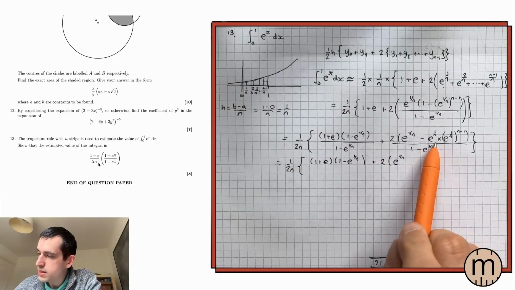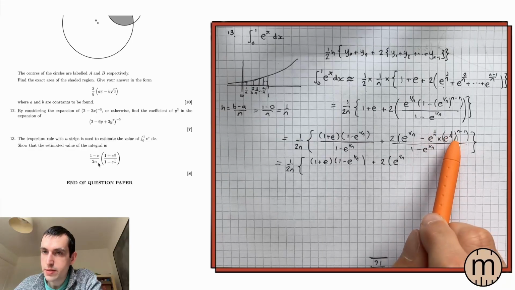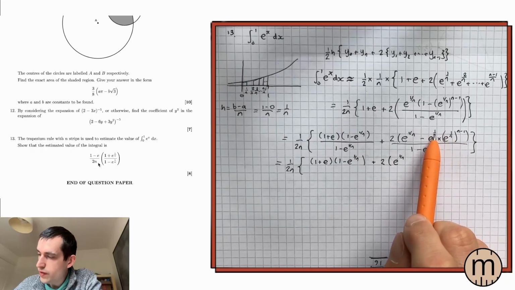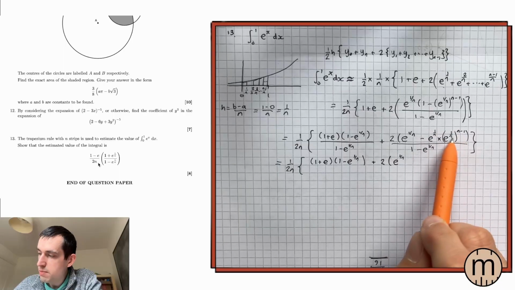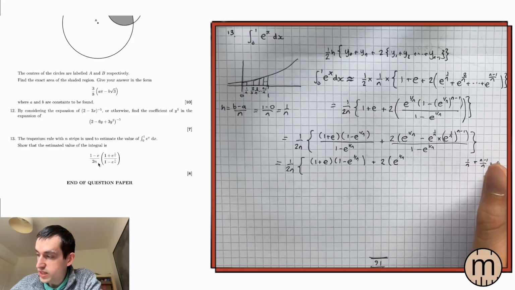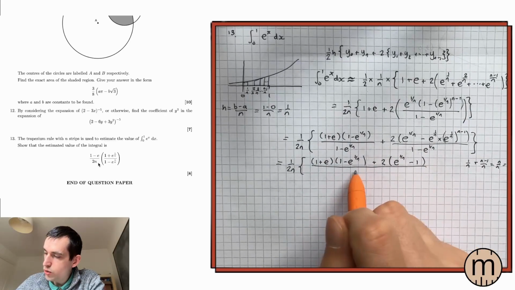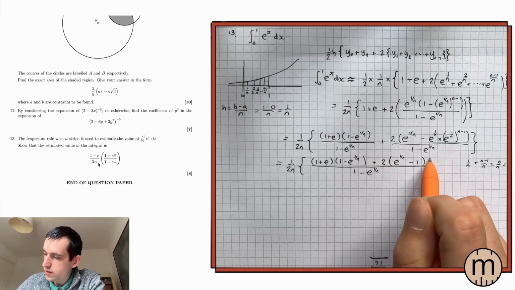So because this is two powers, same base, timesing each other, we're going to add the powers. If we add 1 over n to n minus 1 over n, we're going to get 1 over n plus n minus 1 over n, which is n over n, which is 1. So this is just e to the 1 over n minus 1, all over the same denominator as before, like this.